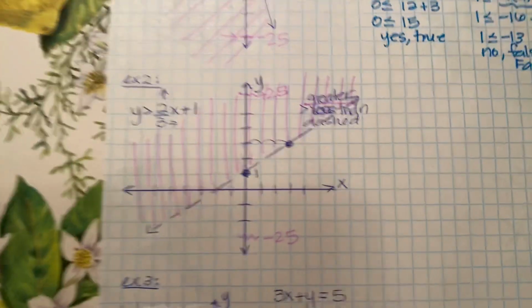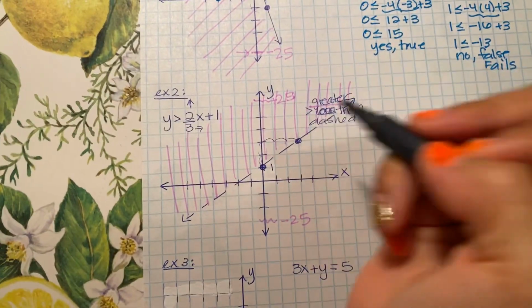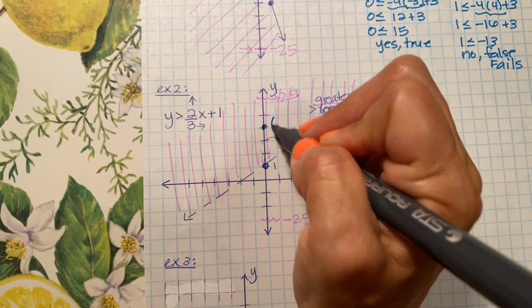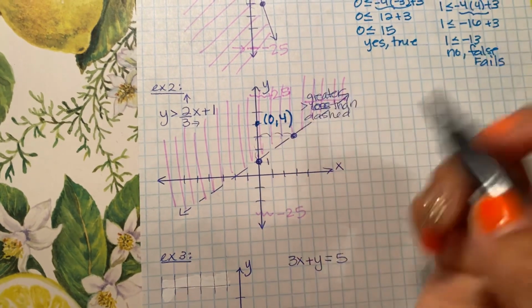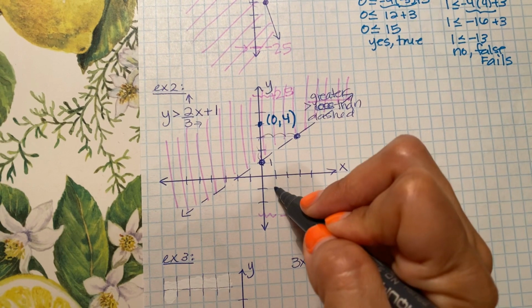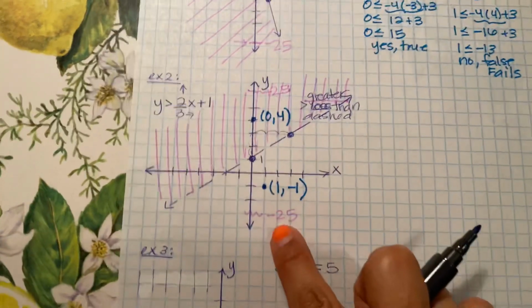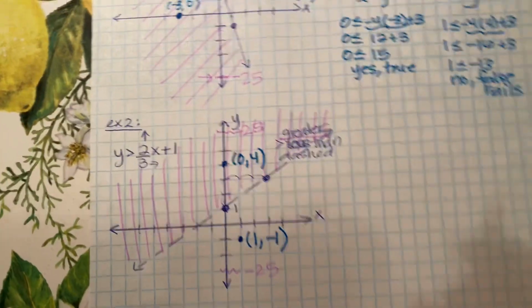Again, you pick 2 points. This is 1, 2, 3, 4. I'll pick 0, 4. And then I'll pick, say, 1, negative 1. I'm just picking points here; you could have picked different ones.